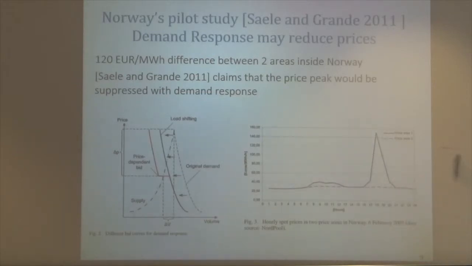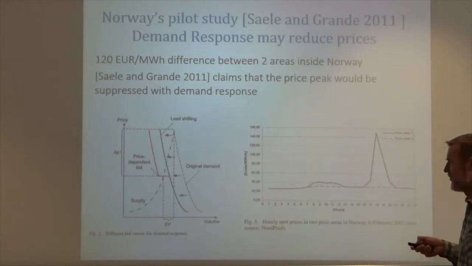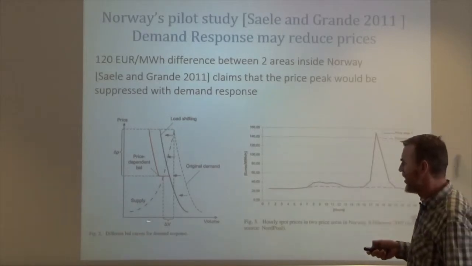And this is due to the phenomenon we've seen in the OPF example here. What they claim is that by using demand response in that area, they could avoid the problem, so that there would be a benefit to users also, that the prices are reduced because you remove the peak demand. This can be modeled by this thing here.